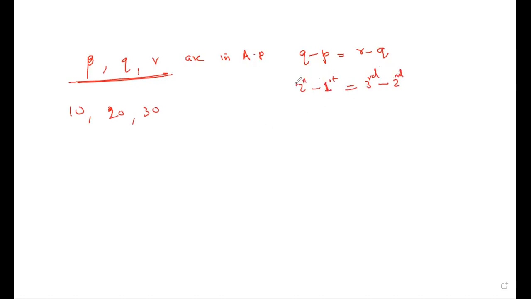Aryan, how do you prove alpha, beta, gamma are in AP? When can I say they are in arithmetic progression? The difference of these two and the difference of these two should be the same. Understood? Yes, sir.